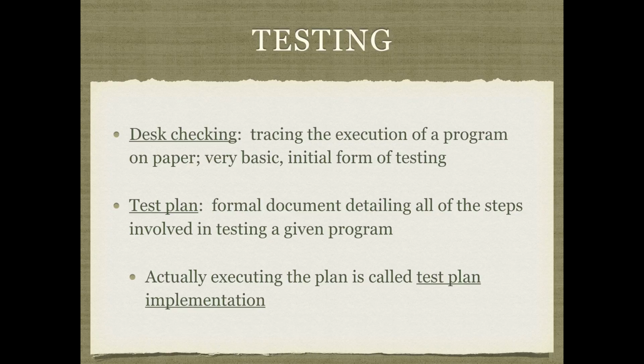So the first line of defense is what we call desk checking, which means tracing the execution of a program out on paper. In our test case here, that's the algorithm.